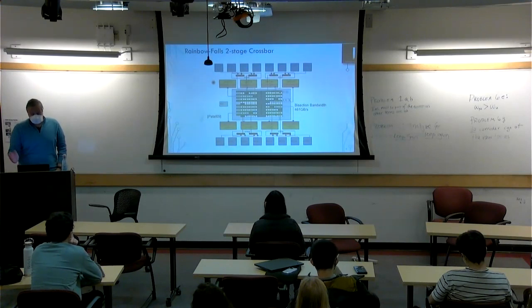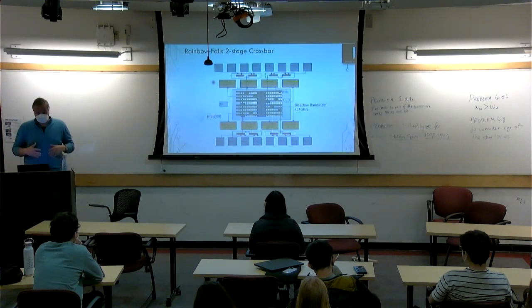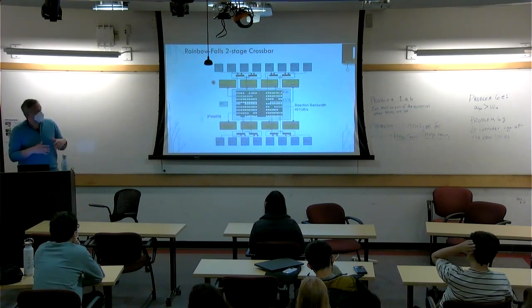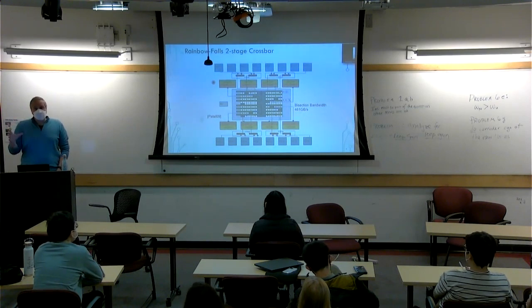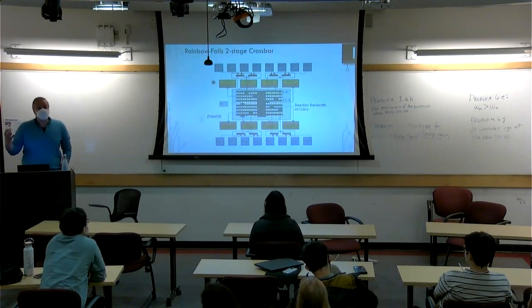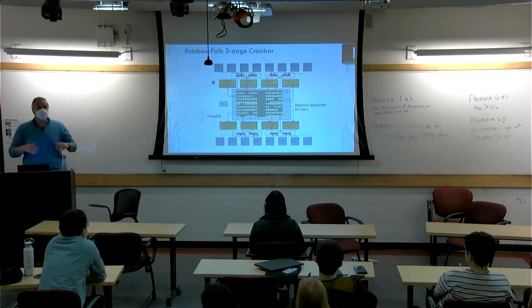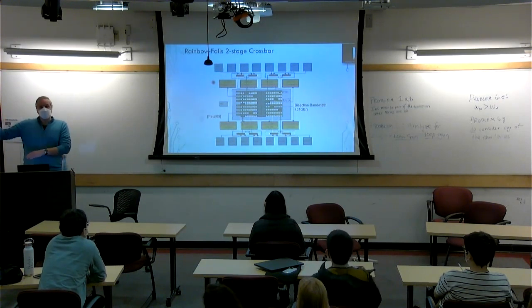This is another example of the early crossbar, where this was a radix 16. So Rainbow Falls had 16 cores. And if you look at this space of what we call memory semantic fabrics, these are not TCP/IP Ethernet style networks.